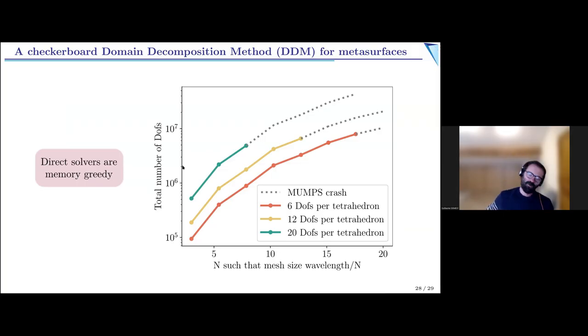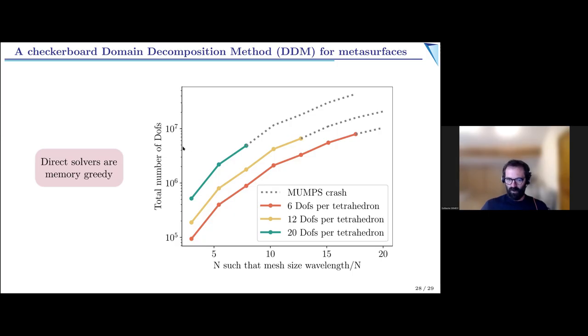It's been ongoing work for quite a while. It's been my confinement project. So here is the situation. When you use a direct solver in Comsol or in GetDP or whatever, it's the same solver anyway. It's MUMPS. It blows up at some point independently of the machine. I don't even remember the machine, to be honest.